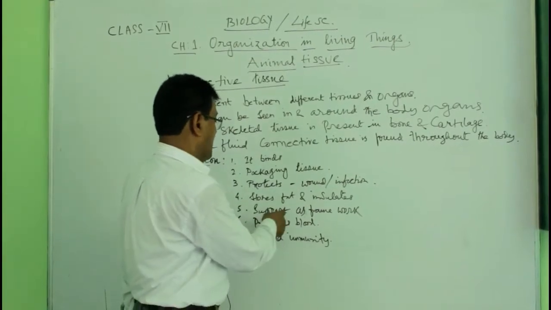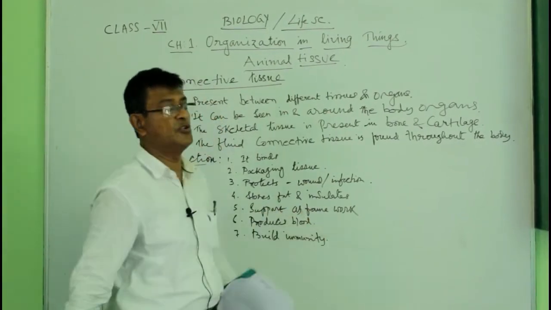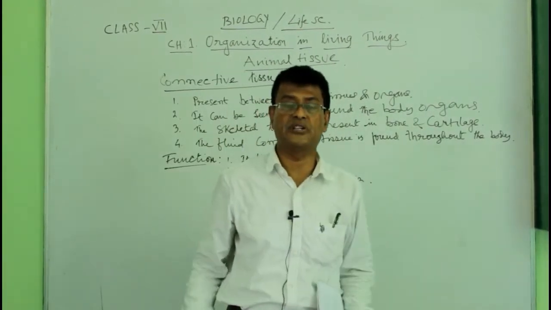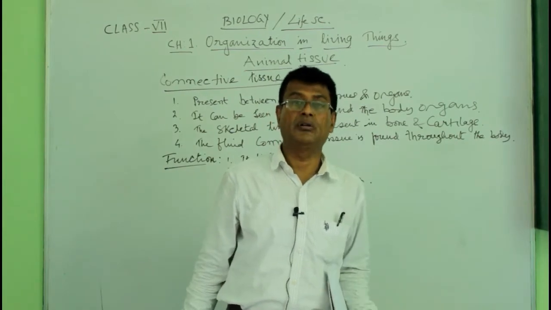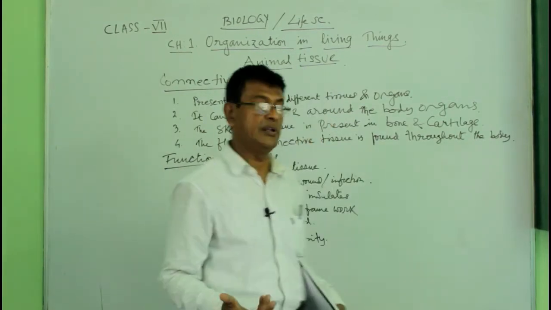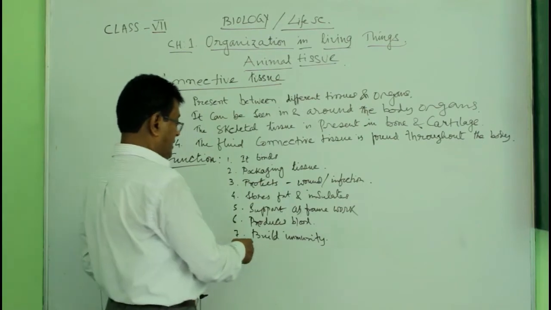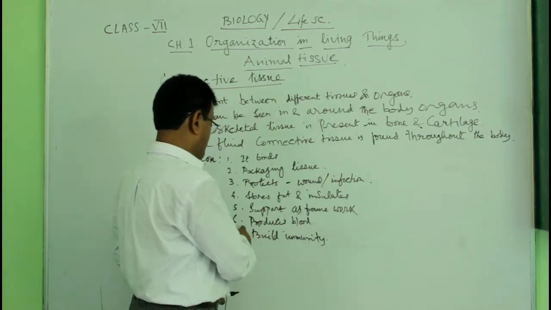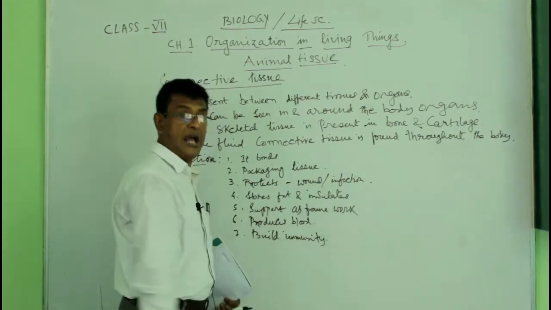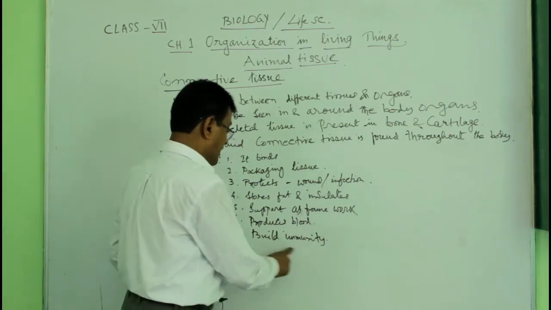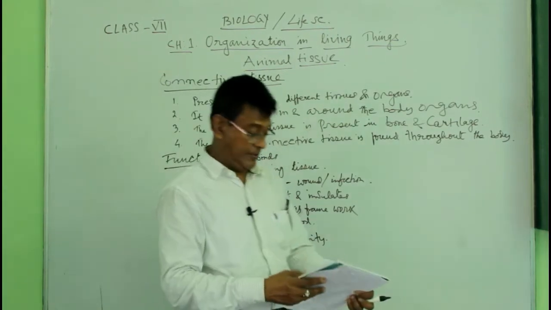Number five, support as framework. You have a framework which is known as the skeleton, that is made up of the connective tissue. Well, this tissue also produces blood and it builds the immunity in the body.